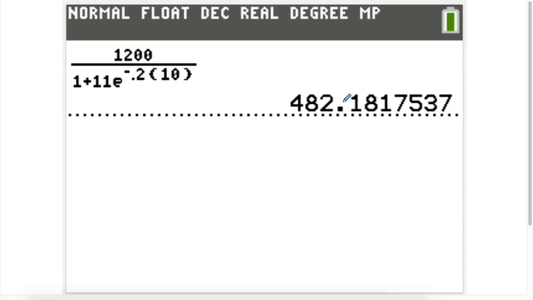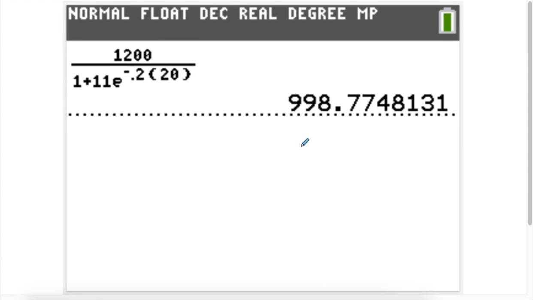So if I plug 10 in, I'm going to get about 482. Now for a problem like this, it makes sense to round to the nearest whole number because we're not going to have 0.18 of fish. So for this case, we would just say, the population after 10 years is about 482 fish. If I plug in 20 for t, we get 998.77.